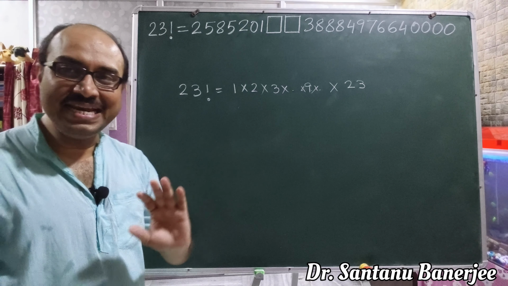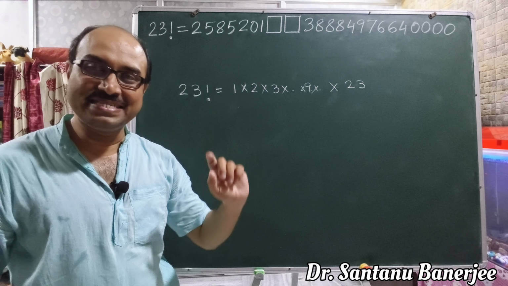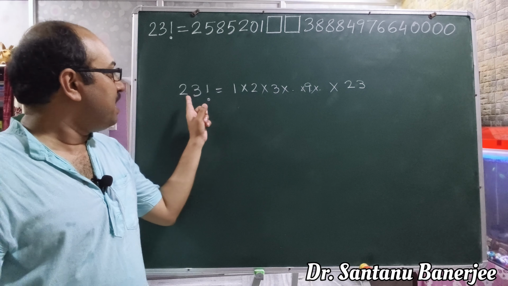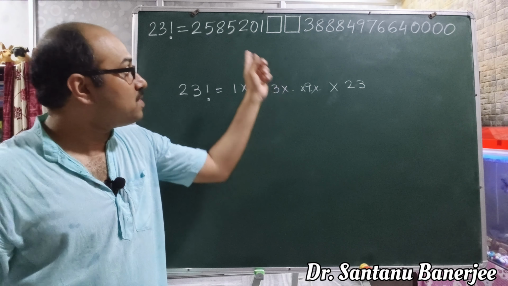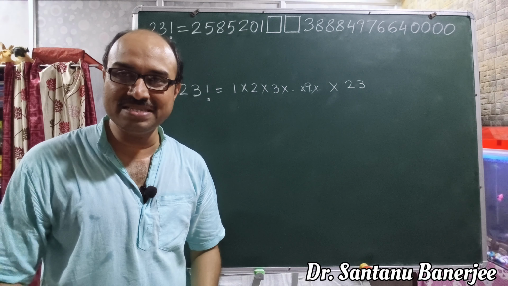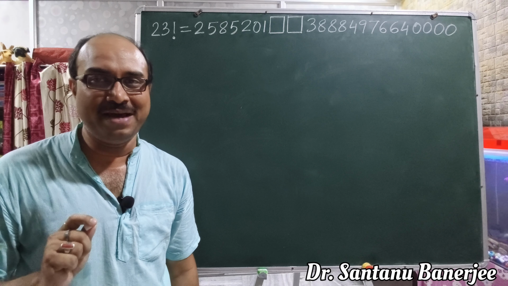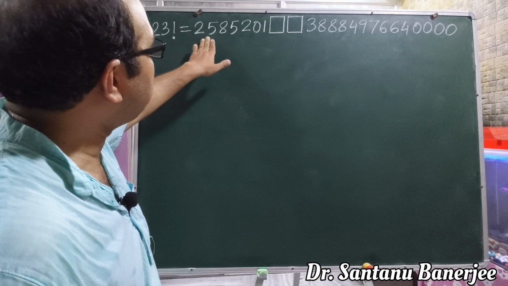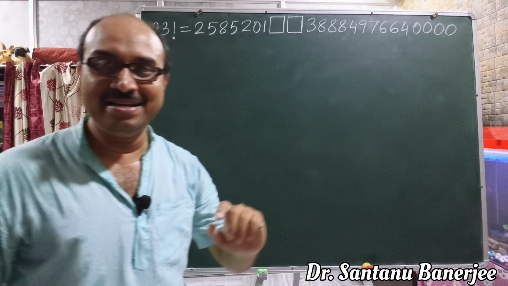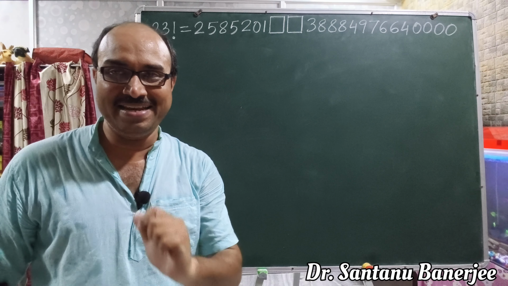So you can easily tell that this huge number is divisible by 9, because 23 factorial has a factor of 9. Now we all know the property of a number which is divisible by 9. The property is that if you add up all the digits, then the sum which you are getting is also divisible by 9.